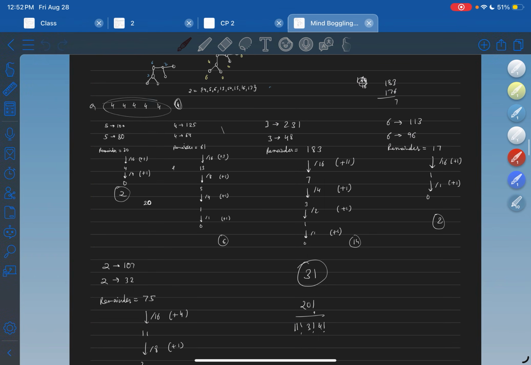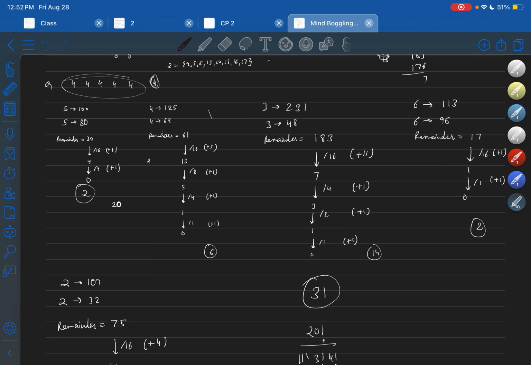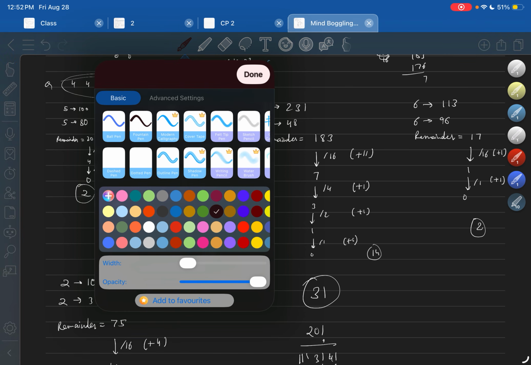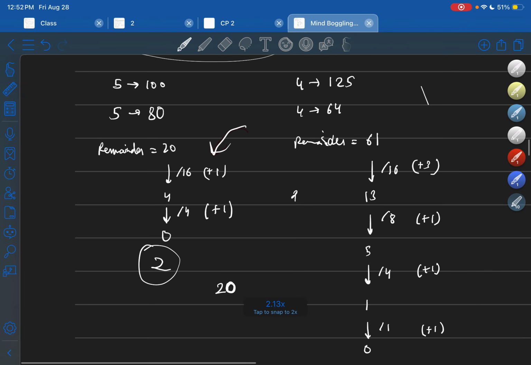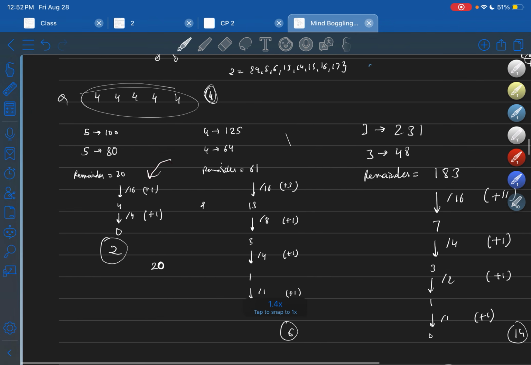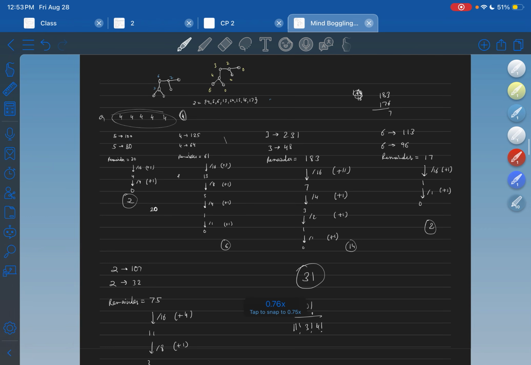It's actually very simple. You just have to keep track of the floor division. So suppose the remainder was 20 and I divided by 16. So the floor division is 1. It means before multiplying by 16, I have to add 1 once. So you can keep storing it.